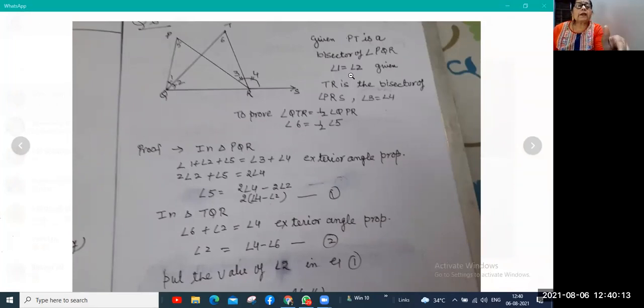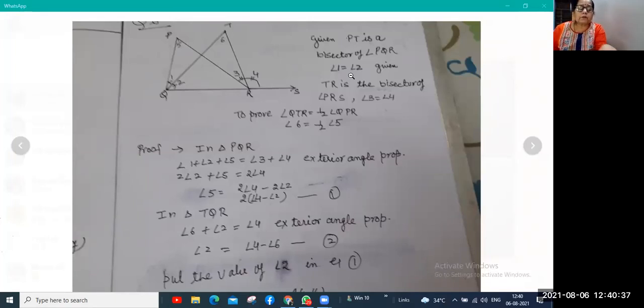Now we will take triangle TQR. In triangle TQR, again we will use the exterior angle property of the triangle. Angle 6 plus angle 2 will be equal to angle 4. Here in this triangle, angle 4 is the exterior angle. So we can take out the value of angle 2.